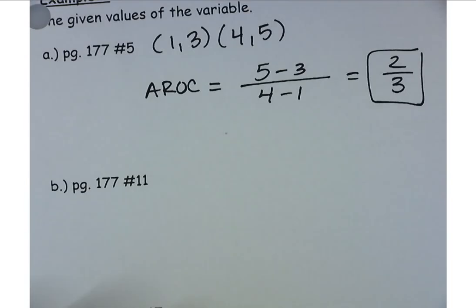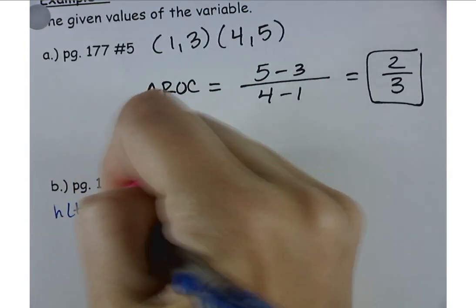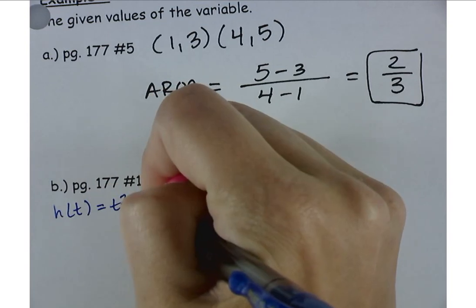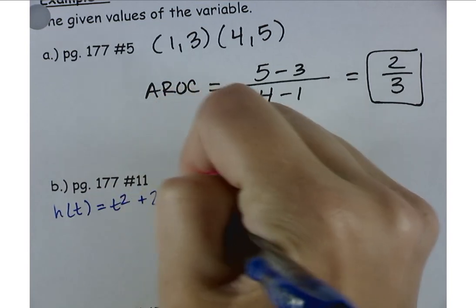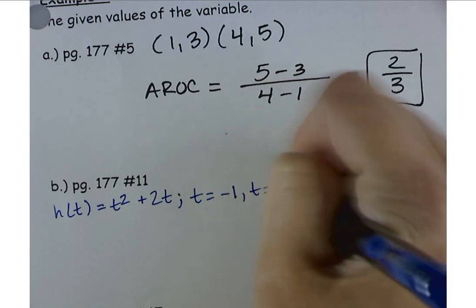Alright, so you are given h of t, and h of t equals t squared plus 2t. T is going to equal negative 1, and t is going to be 4.